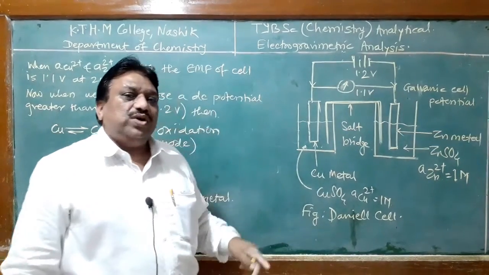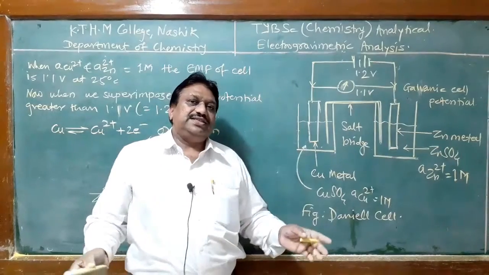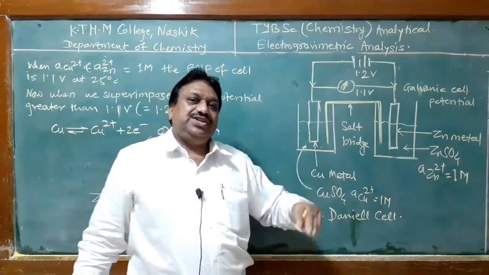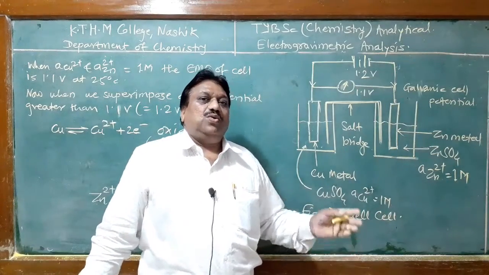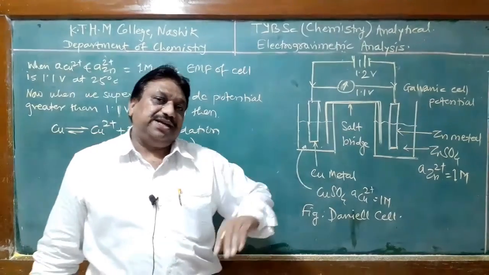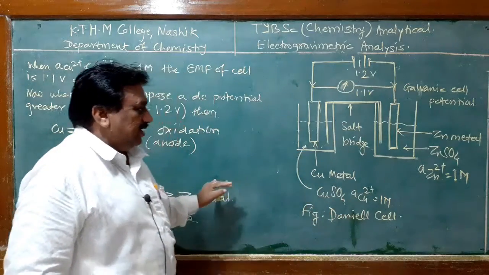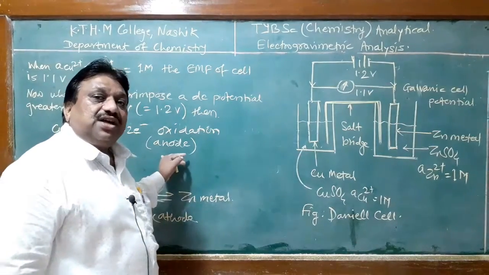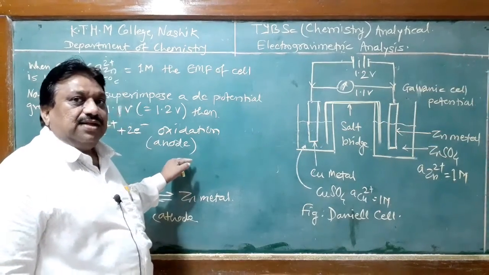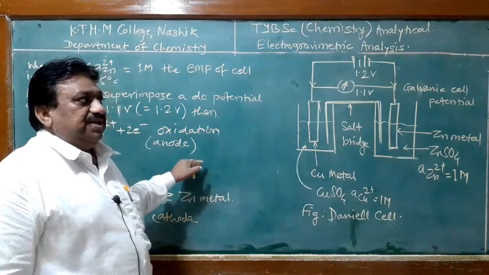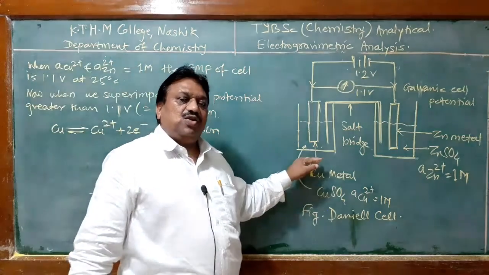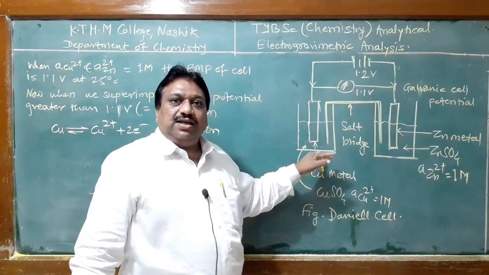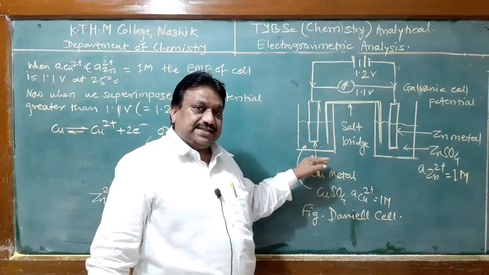Therefore here with application of external voltage, cell reactions are reversed, and the electrode which is initially cathode becomes anode, and the electrode which is initially anode becomes cathode. In electrochemistry this process is called charging up the cell, and this type of event takes place in an electrolysis cell or electrolytic cell.